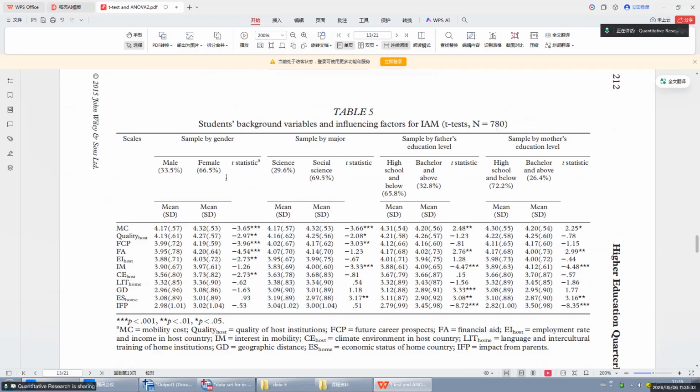Instead, I suggest you summarize your findings, the differences and the similarities in your independent t-tests. That's better. Okay, so next time we are going to discuss one-way ANOVA. It's going to be more complex than the t-test.